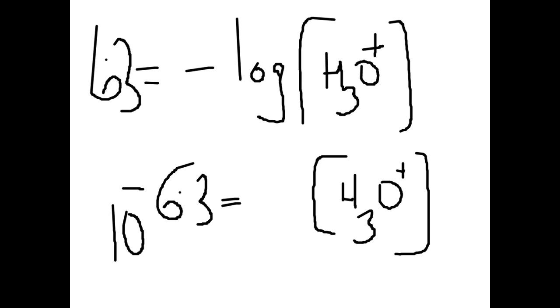So in your calculators, enter 10 to the power of negative 6.3, and what answer do you get? I just made that number up. pH doesn't have to always be a whole number. It can be 5.4, 4.9, it can be numbers like 4.23.